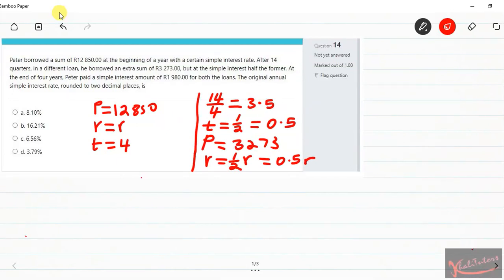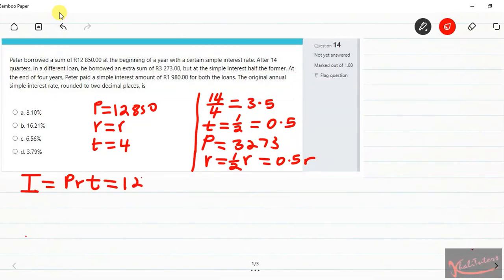Now I think we can calculate the interest for these two loans. The interest that the bank will gain from this loan is I equals PRT, and we have the values here.